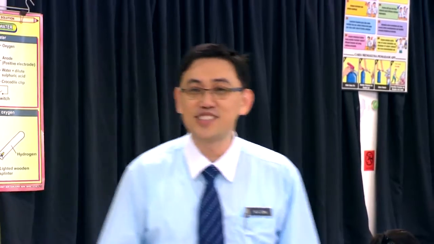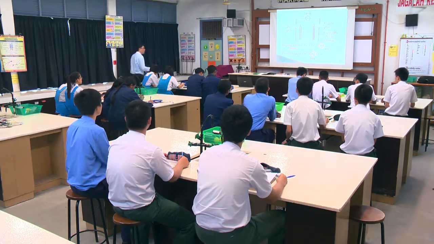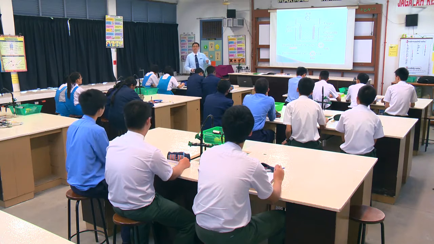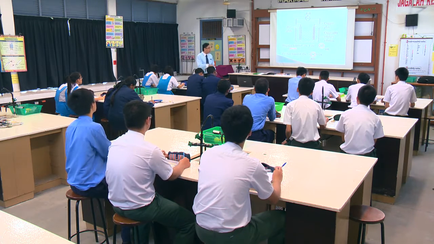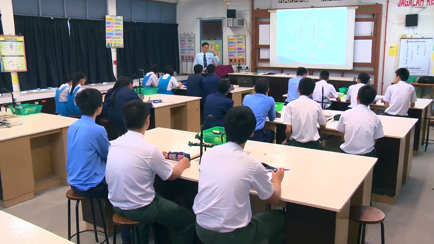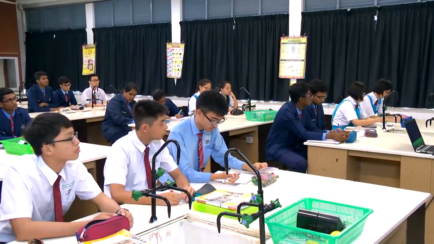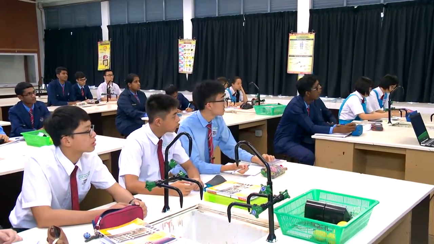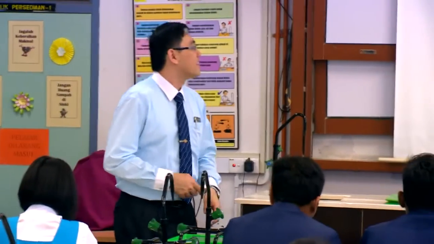So we have the mnemonic RIG. What is RIG? Reduction is gain electron. Correct. So oxidation occurs at the anode. The place where reduction occurs, what do we call it? We call it the cathode, correct.